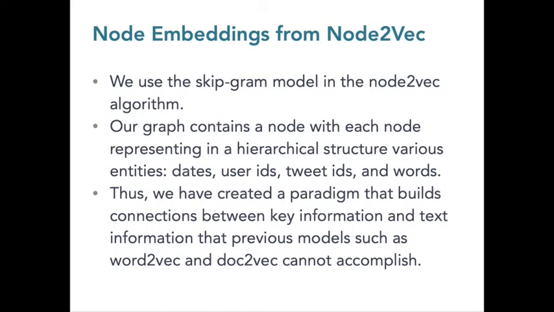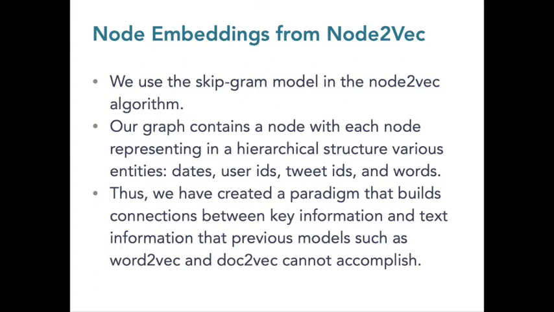Our graph contains nodes, and every single node that appears in our dataset represents one of the following four types of information: a date, a user ID, a tweet ID, or a word.